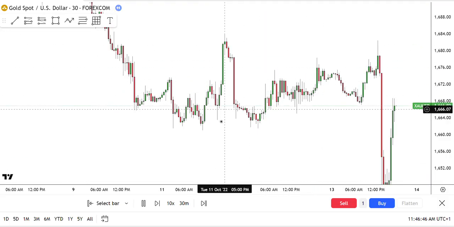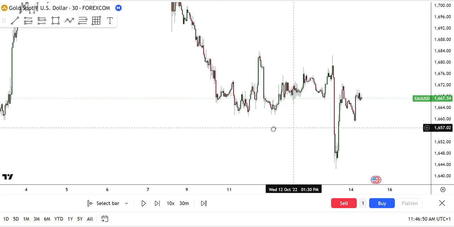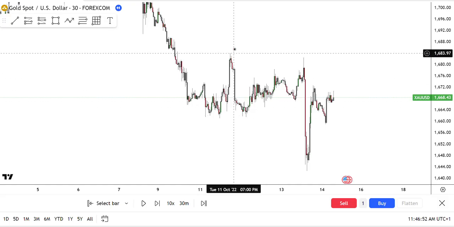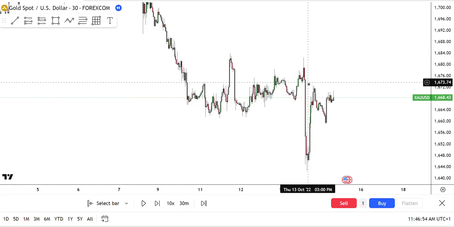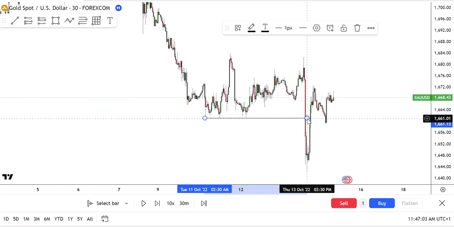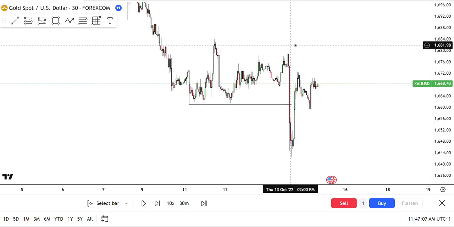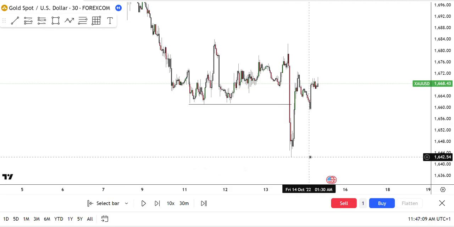We still have a low here. And then we see that price comes again and takes out this low. And then we have a lower high and then we have a lower low.